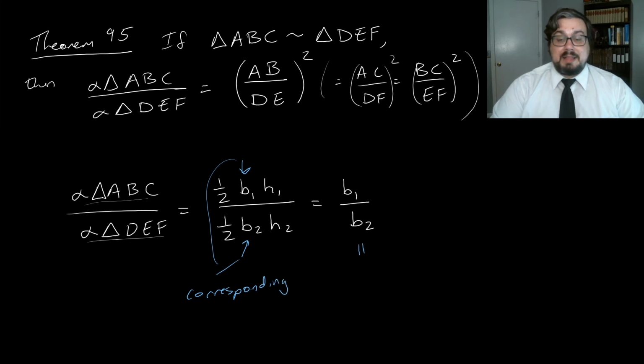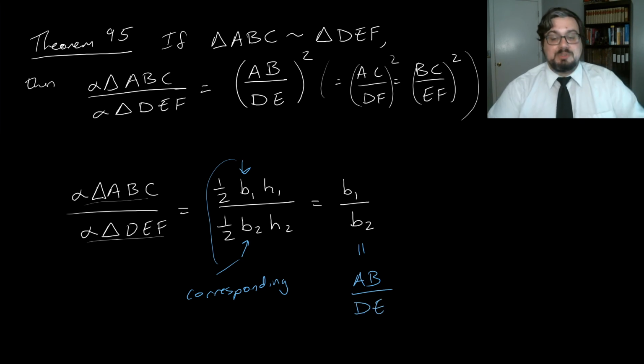Bases, so that B1 over B2 is in fact the same as AB over DE. In fact, we could just go ahead and use the length AB for B1 and the length DE for B2.